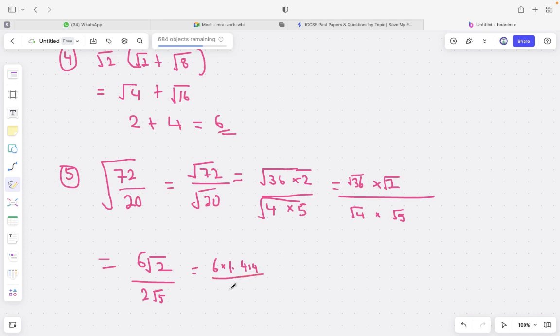The value of root 5 was 2.236, so we write 2 times 2.236. If we do the multiplication out, the final answer will be 1.90. That's our final answer.